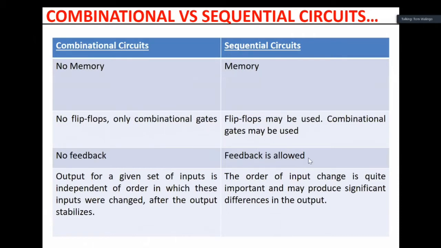Feedback brings in memory. So the output for a given set of inputs is independent of the order in which these inputs were changed. The current inputs determine the output. Whereas a sequential circuit has memory. It's not only the current input. You have to factor in what happened in the past, the memory elements, the order in which the inputs changed, and that affects the output. So that is basically the definition and difference between combinational and sequential circuits.